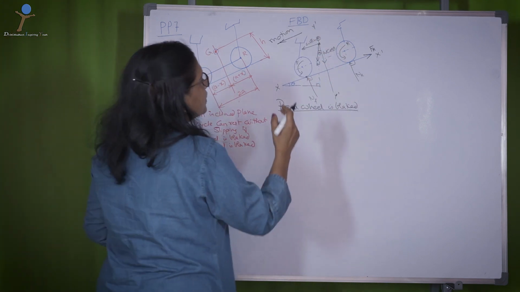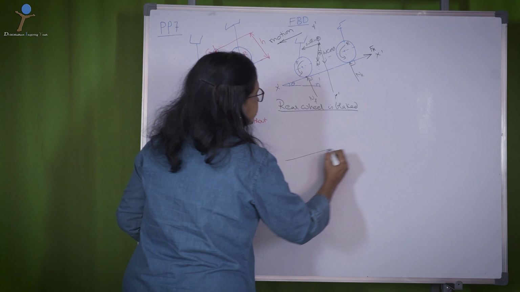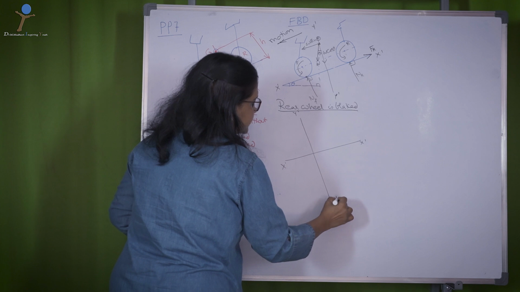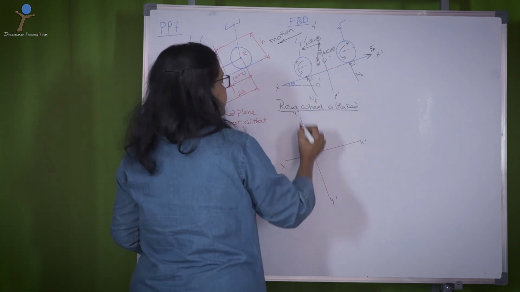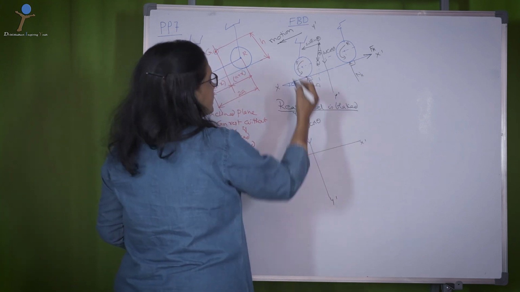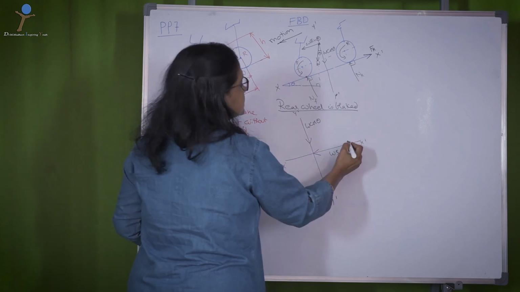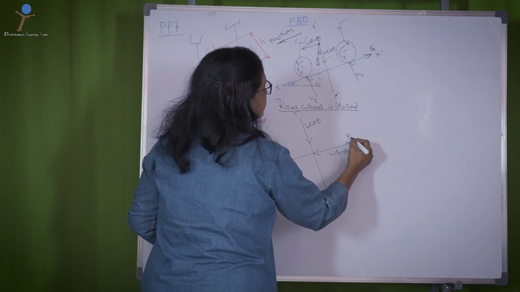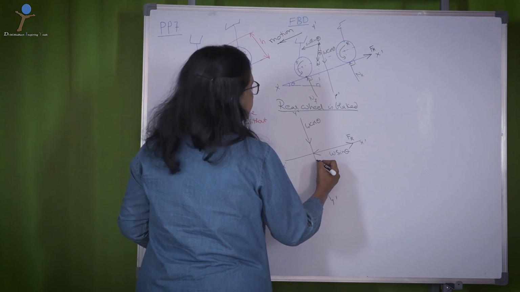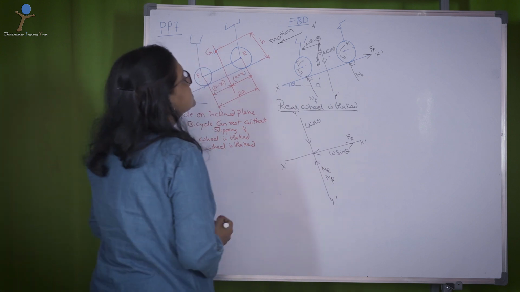Now, let us put all the forces in the x dash and y dash directions. On the top you have w cos theta. Towards left is w sin theta, towards right is the frictional force, and you have NR and NF upwards.